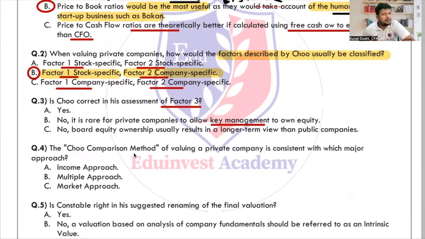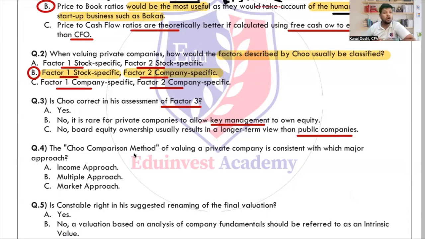No. In private companies, management can have equity, right? Correct. So what they are saying is incorrect. Rare? No, board equity ownership usually results in a long-term view rather than in public companies. Equity ownership usually results in long-term views, everyone.